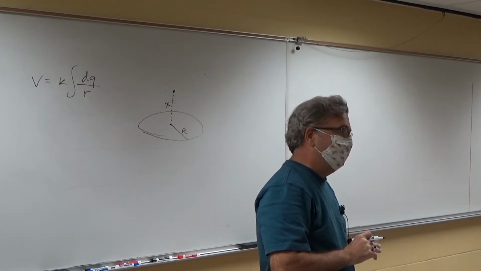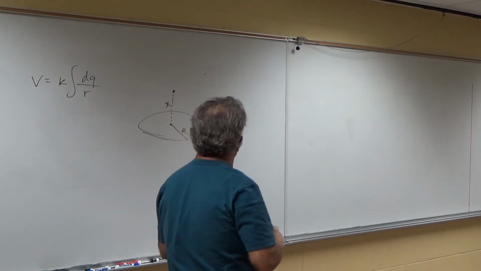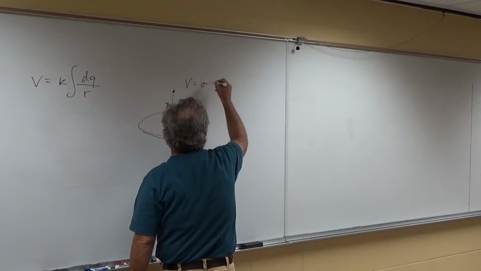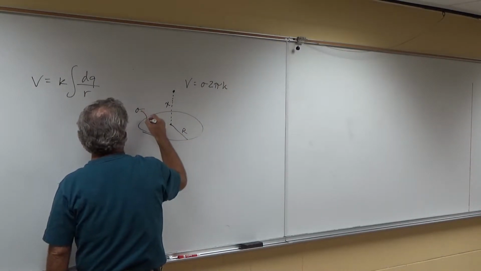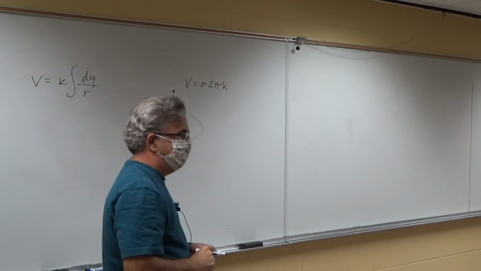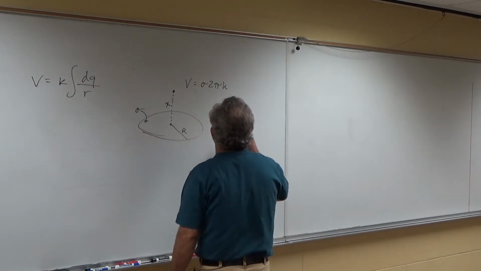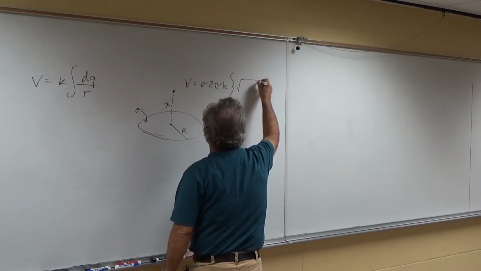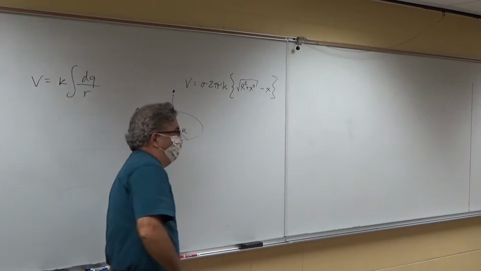I calculated an expression for the potential along this line x above the center, and it turned out to be V equals sigma 2 pi k, where sigma is the uniform charge per unit area, times the square root of R squared plus x squared minus x. And we talked about some limiting cases and so forth.